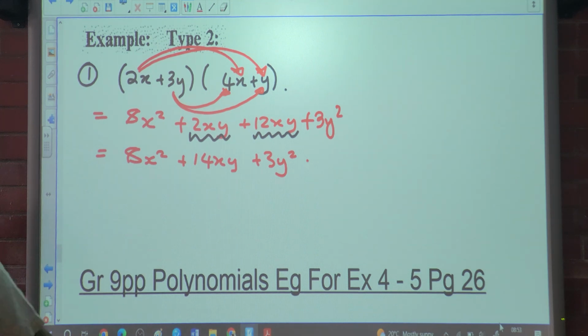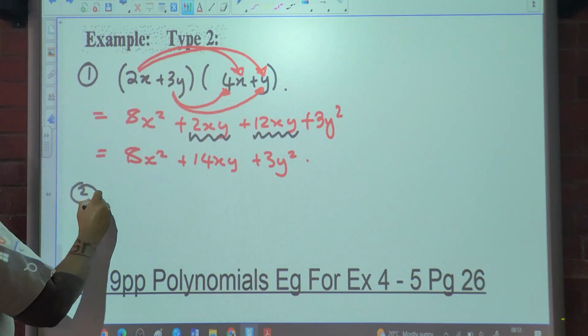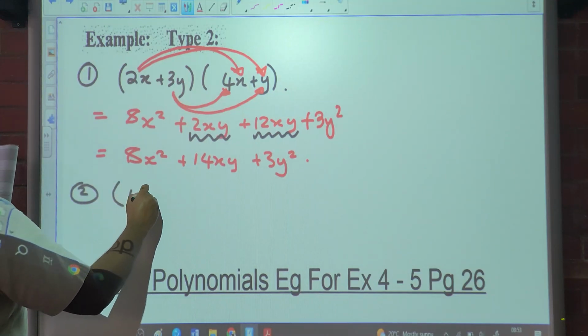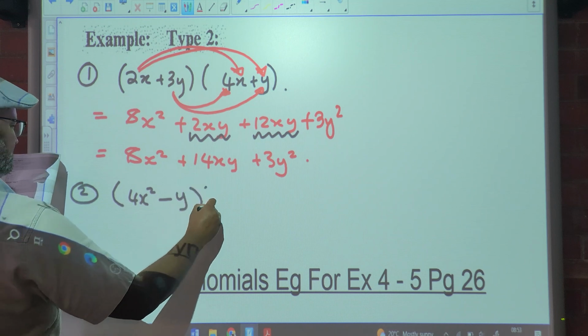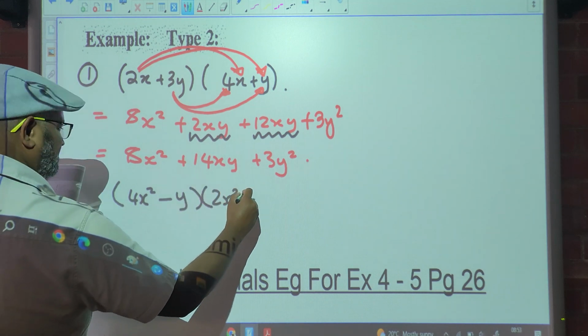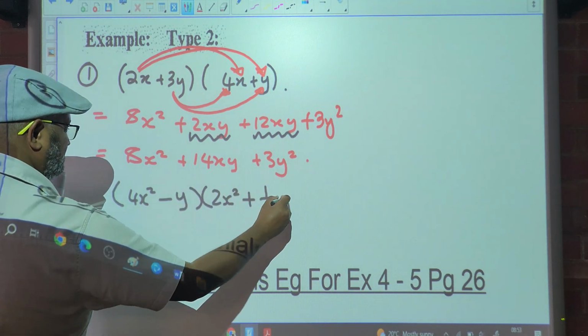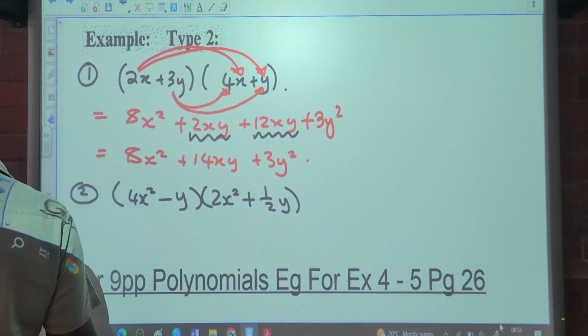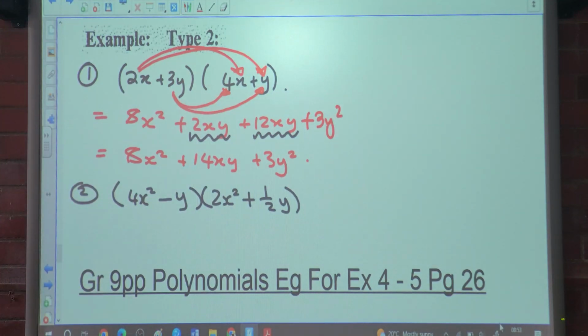Right. Let's look at number 2. We've got 4x squared minus y, into 2x squared plus half y. Write that down. You do it with me.